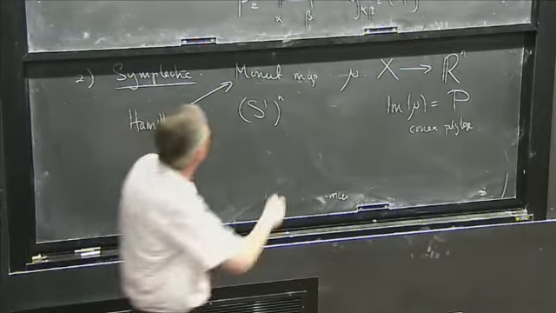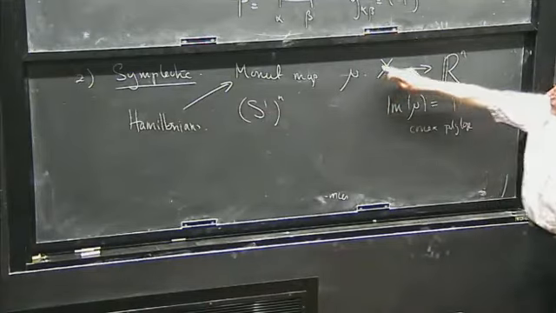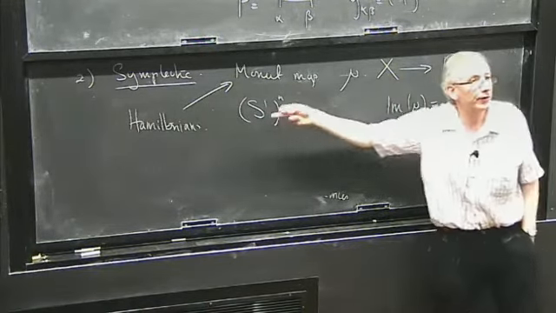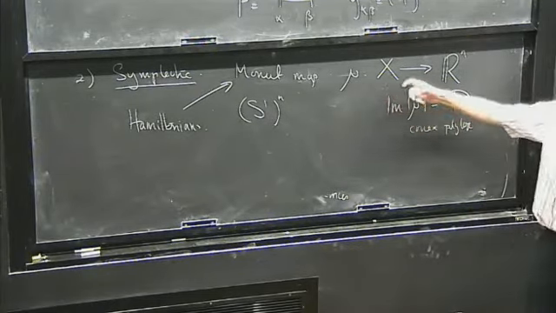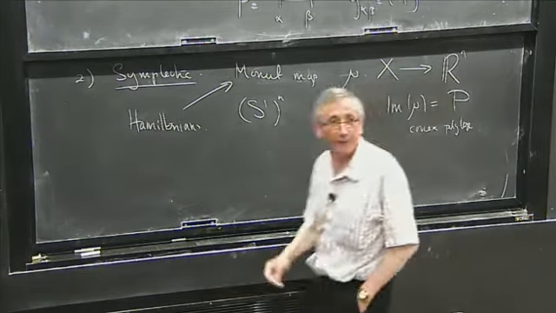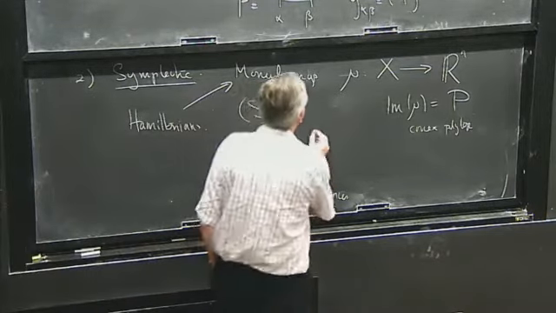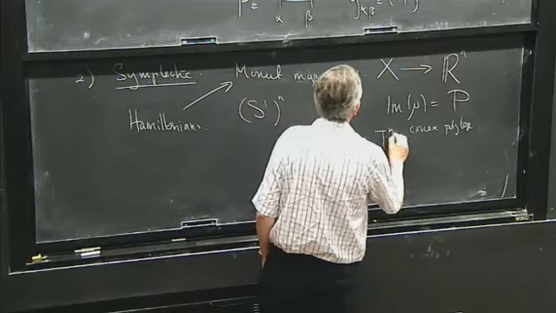But a basic property of this Hamiltonian construction is that mu is constant on the orbits of the action. So each T^n orbit lies inside a fiber, and in fact the fibers will consist completely of T^n orbits. So the fibers are T^n orbits.